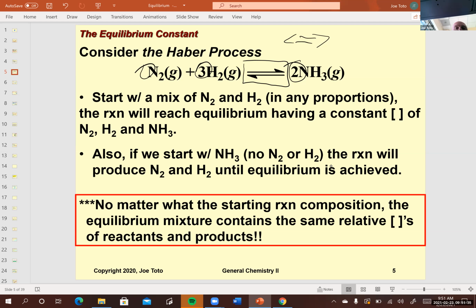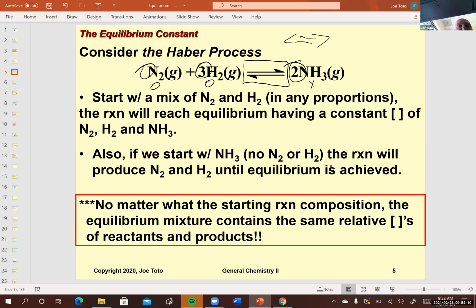Now, if we started out with 0 H2 and 0 N2, but we had some ammonia, then for this to reach equilibrium, it has to make some H2 and N2, even if it's a small amount. The equilibrium constant is large and this equilibrium lies to the right, so it has to go to the left just a little bit.